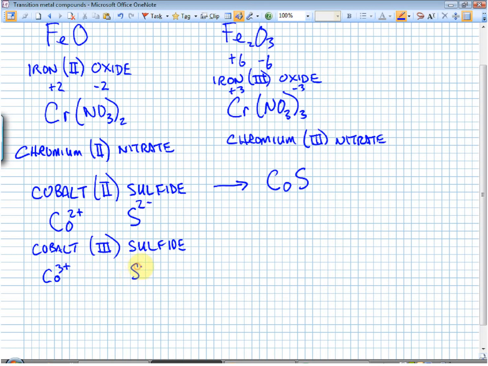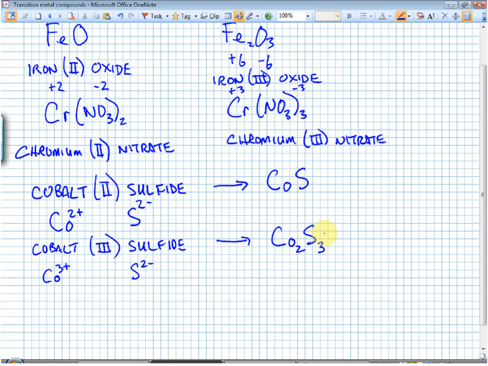Sulfide is still going to be -2. It doesn't change. And now we've got that situation where I've got a +3 and a -2. The simplest way to put those together is to get 2 cobalts. That gives me a total charge of +6, combined with 3 sulfides to give me a total charge of -6. And there's my formula for cobalt(III) sulfide, Co2S3.